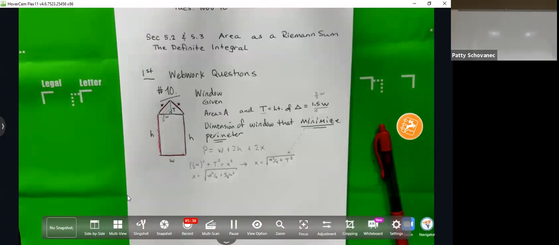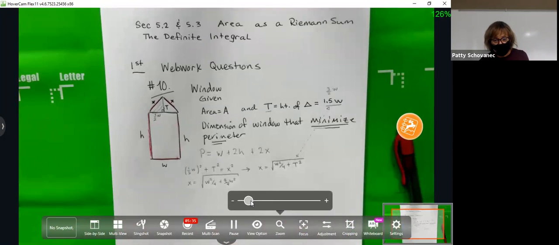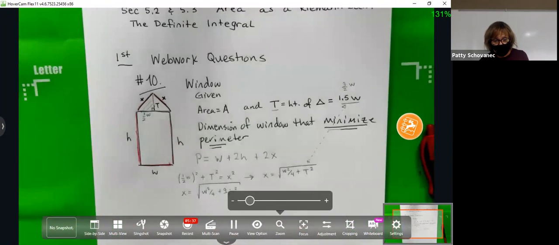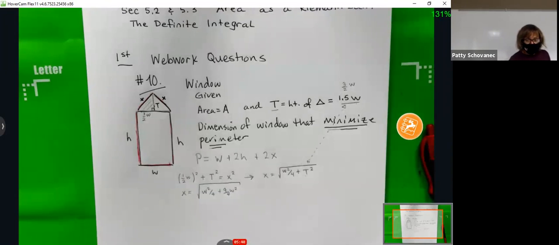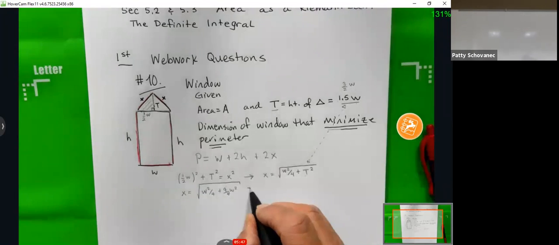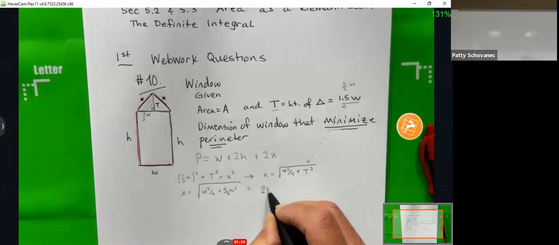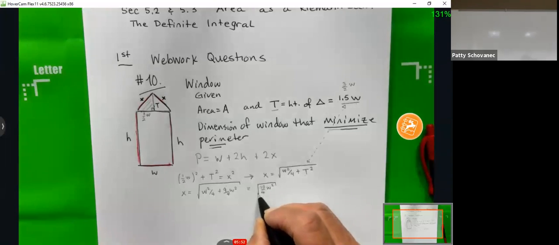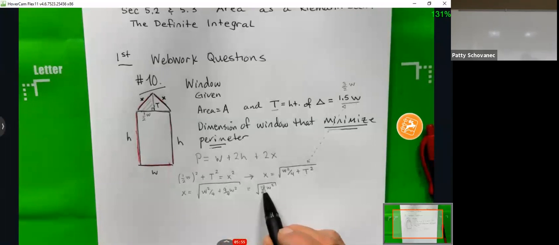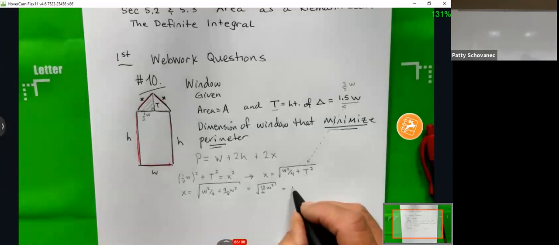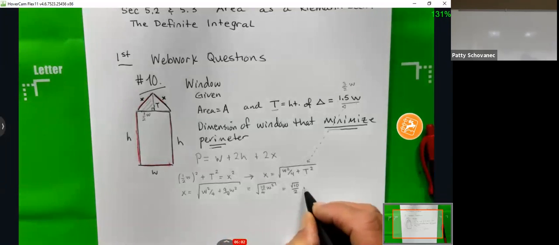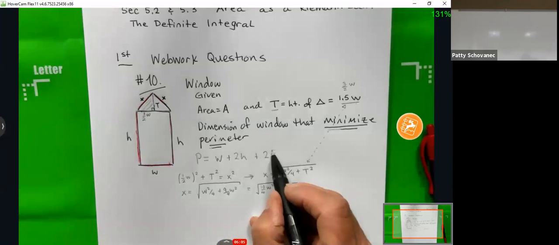And we can put those two together. I have 9/4 W squared plus 1/4 W squared to give me 10/4 W squared. And so now let's simplify X to be the square root of 10 times W over 2. So there's our X.